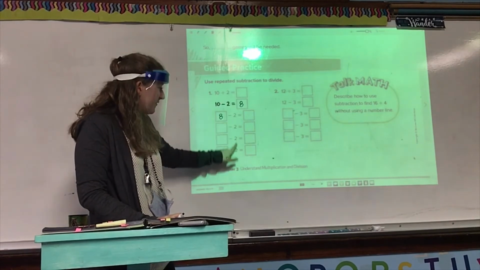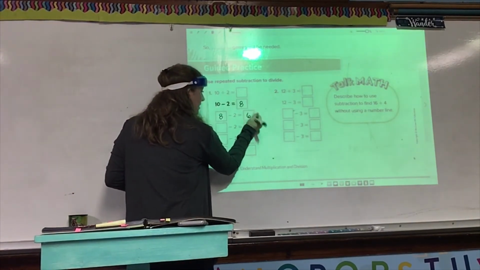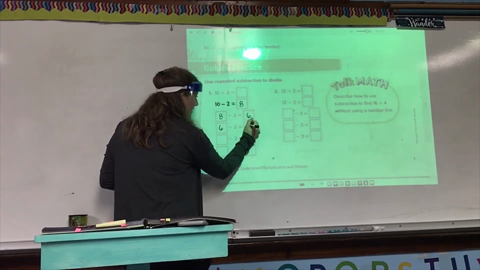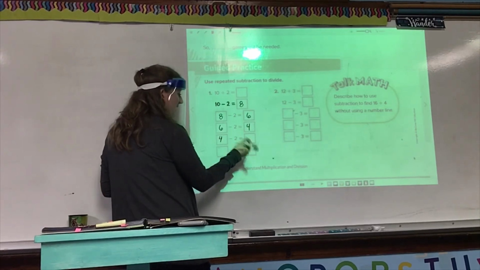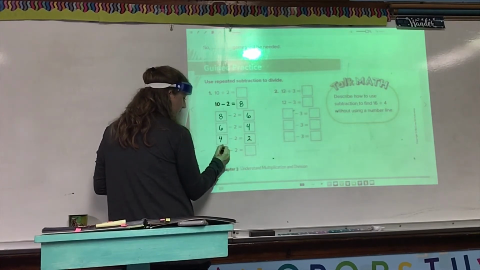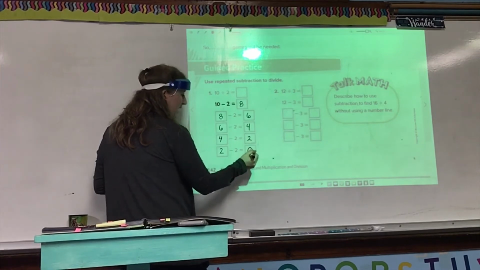No, because it's the divisor each time. 8 minus 2 is, my difference becomes my minuend. 6 minus 2 is, my difference becomes my minuend. 4 minus the divisor 2 is, my difference becomes my minuend. 2 minus 2 is, do I keep going?